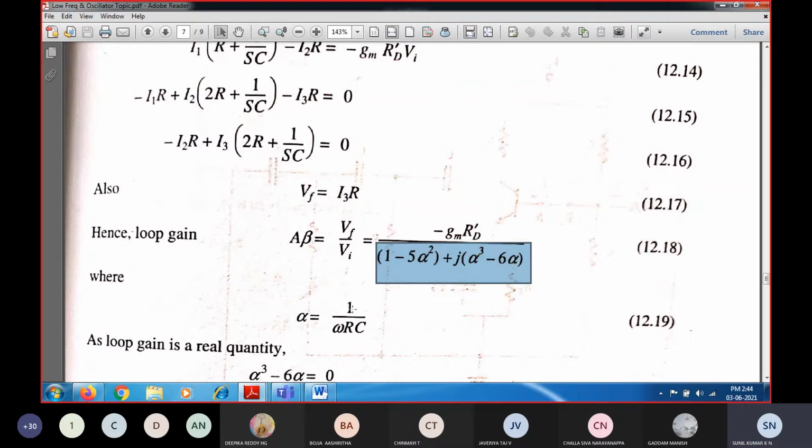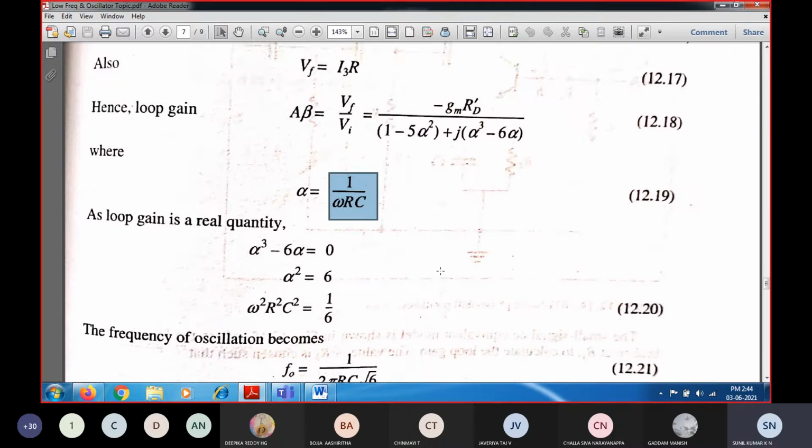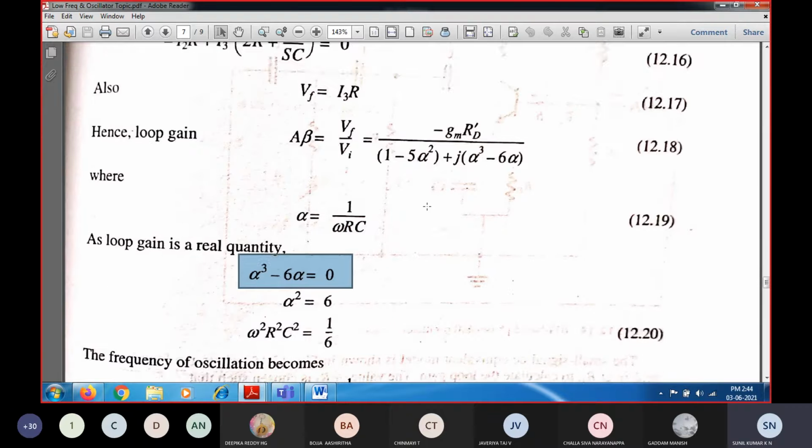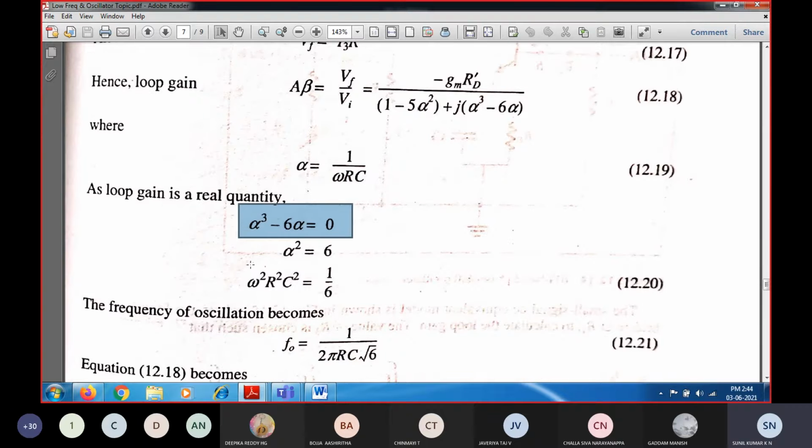So alpha is nothing but 1 by omega RC. Here I have written it with another coefficient alpha, which is nothing but 1 by omega RC. So in place of 1 by omega RC, I am just replacing it with the constant alpha. And here the imaginary term I am going to equate to 0, and hence I am going to find the frequency of oscillation.